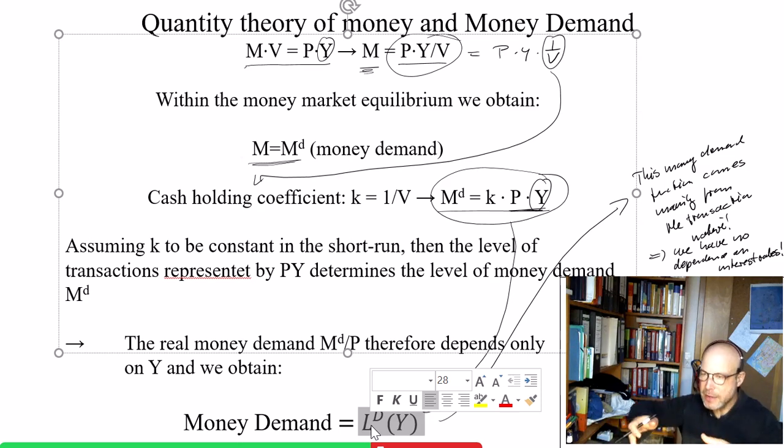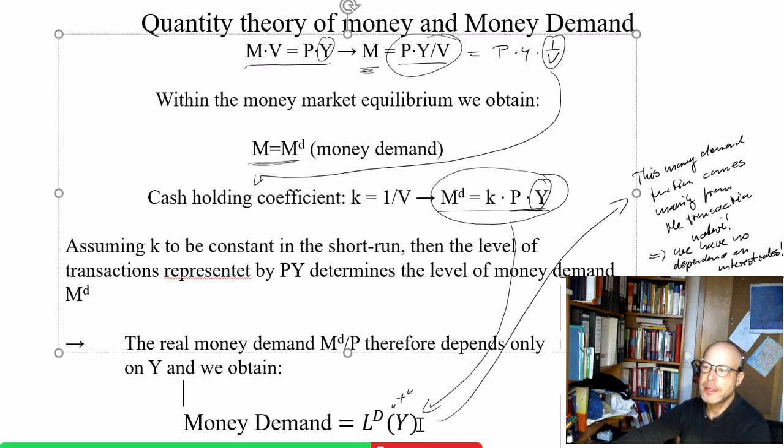So we are mainly focusing on the transaction motive of holding money, and in this case we do not have a dependence on interest rates.